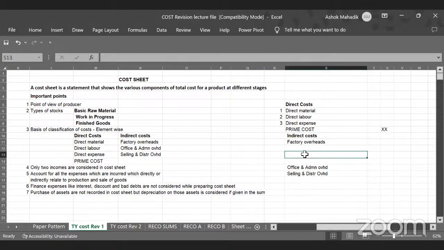We have to consider opening and closing stock of WIP. So to the total of factory overheads, add opening stock of WIP and subtract closing stock of WIP. You will get net factory cost.